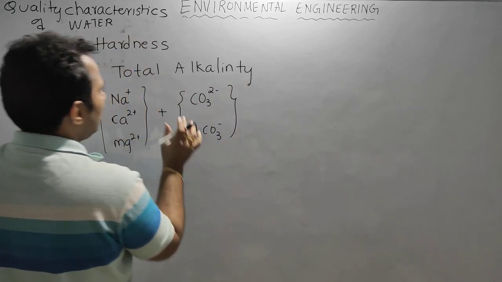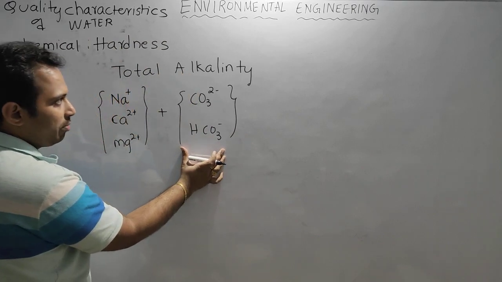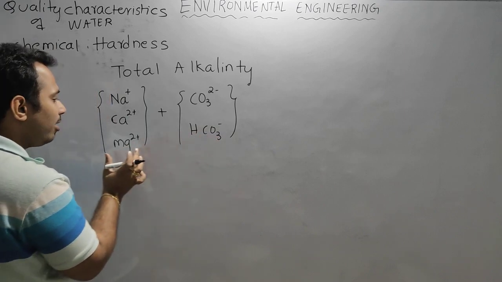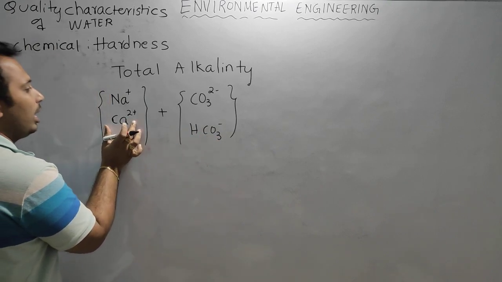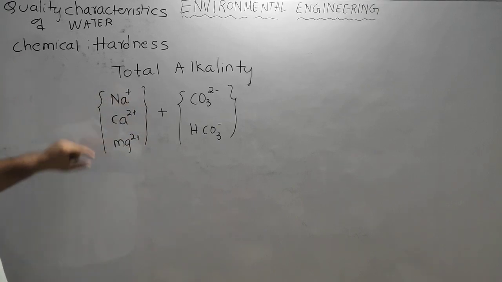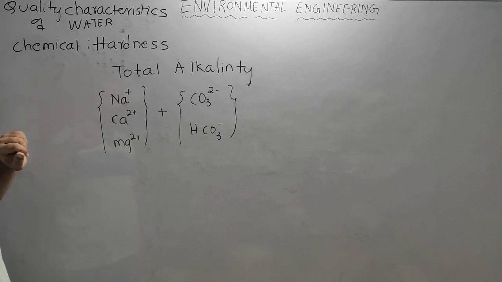Here alkalinity is because of CO3 2- and HCO3-. So these anions may have magnesium as a cation or calcium as a cation or even sodium as a cation. But this sodium cation does not cause hardness. This sodium cation does not cause any kind of hardness.